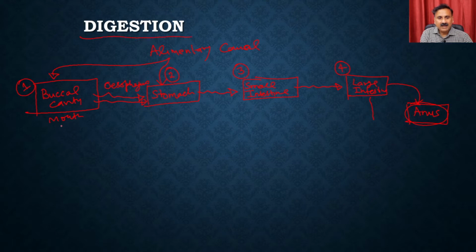So in the buccal cavity, first the food is going to enter. This food is very large in size, so it has to first be converted into smaller pieces, so that the enzymes present in the stomach and small intestine can act on it.